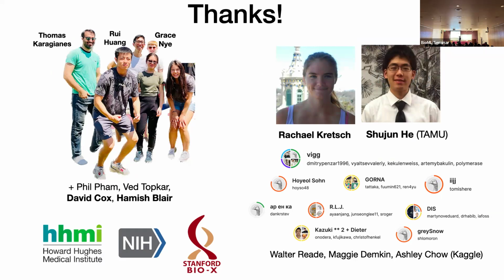In the last CASP, Rachel co-led the assessment with me, and for all the cryo-EM targets, she also assessed all the incoming models by directly comparing them to the experimental data, which I think is really cool. So there's less model bias. Maybe our inference for the structure or structural ensemble of the RNA is wrong, but we just directly compare it with data. So I think that's important.